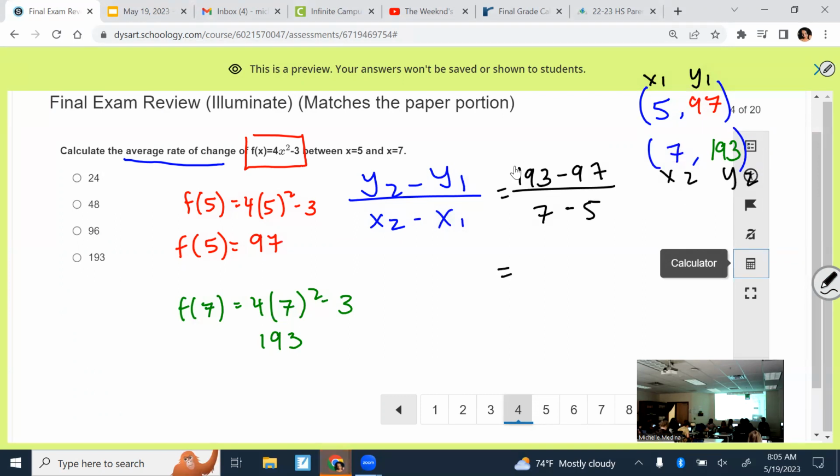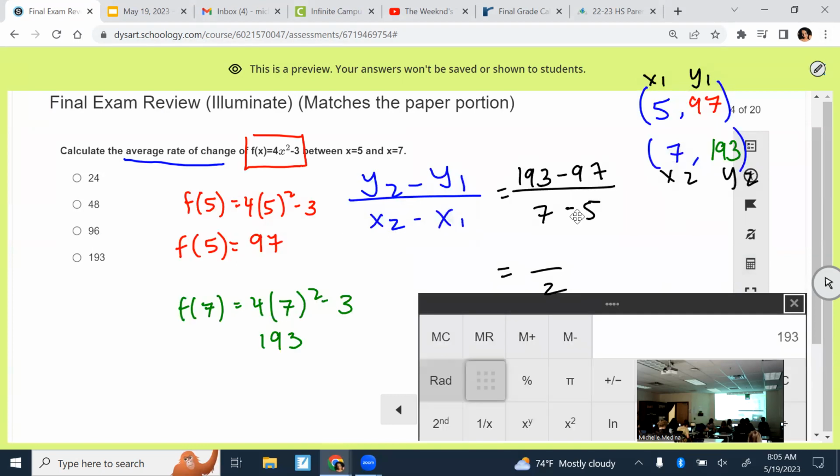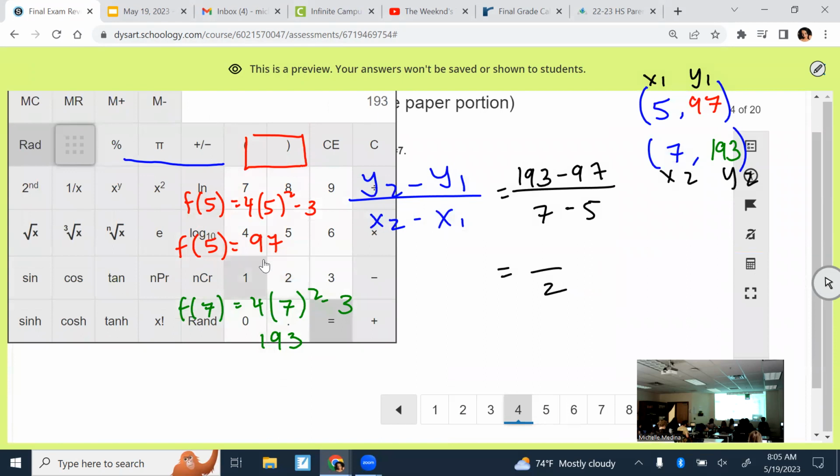And you need to work out the numerator and denominator before you can divide them. So I just need to do 193 minus 97. I do the other one in my head. All right, so 96 over 7 minus 5, which is 2. So now we have 96 divided by 2.